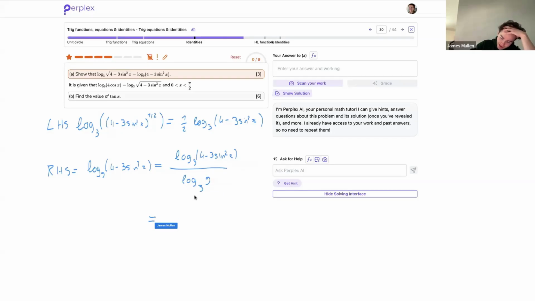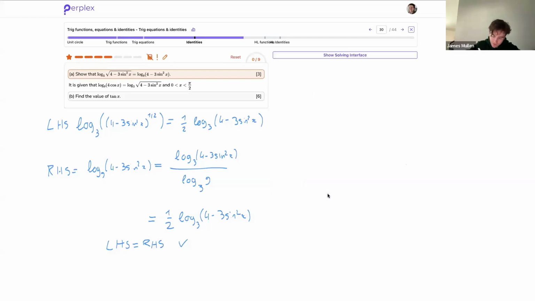All right, and because log base 3 of 9 is 2, this is the same thing as half log base 3 of 4 minus 3 sin squared x. Okay, and that means that my left-hand side is equal to my right-hand side, and I have shown what I wanted to show, because I have the same thing here as I do here.